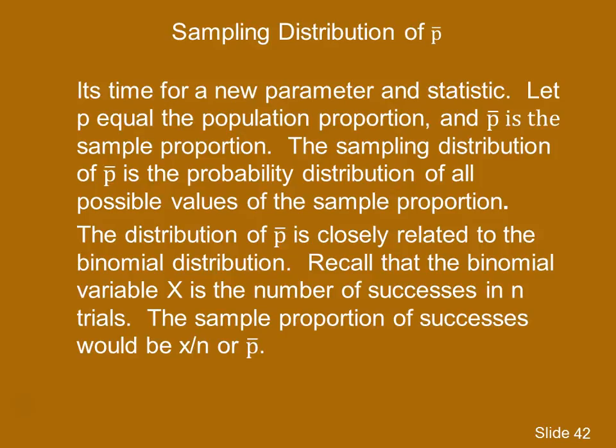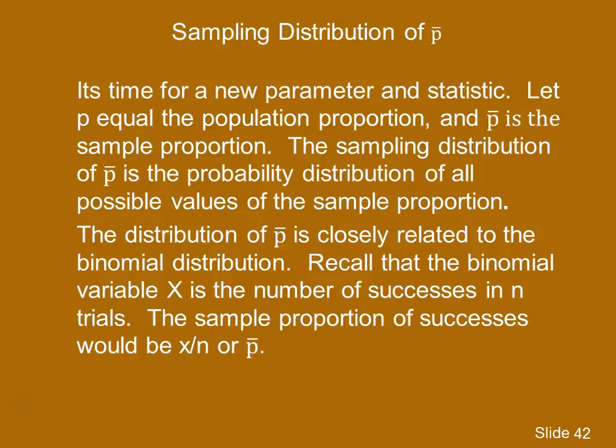You might be able to see that the distribution of p-bar is closely related to the binomial distribution that we talked about earlier. Remember, a binomial variable x counts the number of successes in n trials. You could get 0 successes, 1, 2, on up to n. The sample proportion of successes would be x divided by n, or what we're calling p-bar.